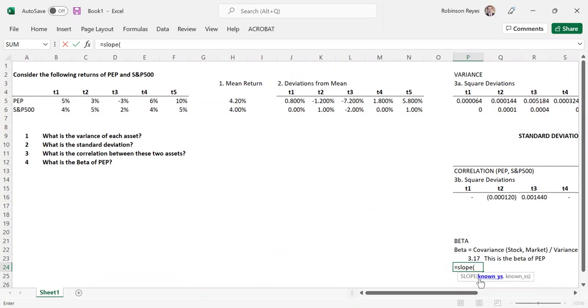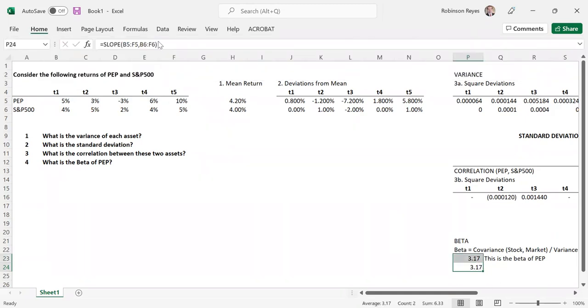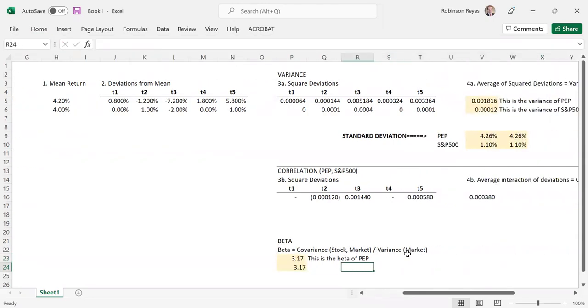So the known Y's, we're going to look at the returns of Pepsi, and the known X's, that's where we select the returns of S&P 500, and we can quickly see that we are getting exactly the same number that we had gotten before through the long approach. So you can also use this short formula from Excel.